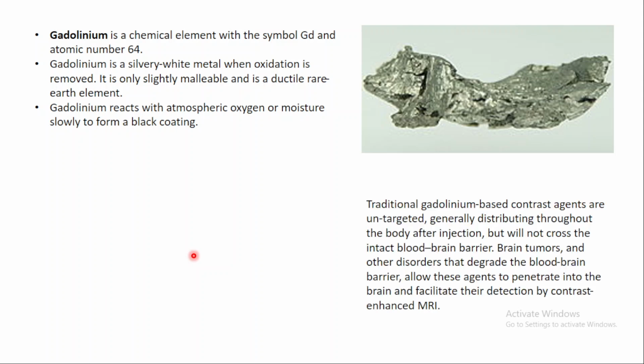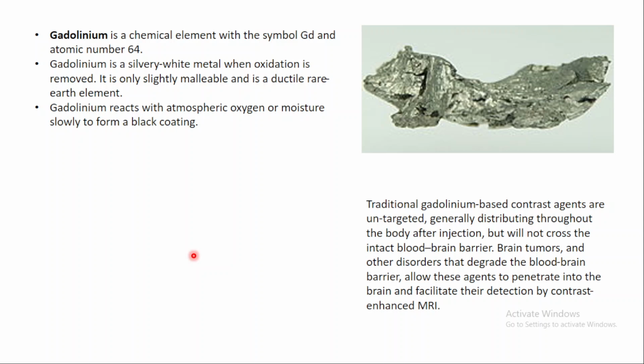Now, traditionally, gadolinium based contrast agents are untargeted, generally distributing throughout the body after injection, but will not cross the intact blood brain barrier. Brain tumors and other disorders that degrade the blood brain barrier allow these agents to penetrate into the brain and facilitate their detection by contrast enhanced MRI.